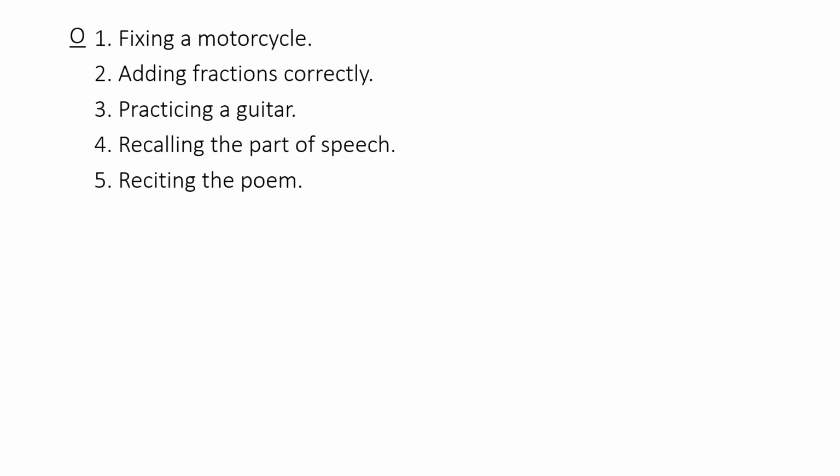So this time you're fixing a motorcycle. Next, adding fractions correctly. This is a learning activity. Next, practicing a guitar. It is a learning outcome because maybe someone taught you how to play a guitar. So this time you're practicing the outcomes of what you have learned from that person.